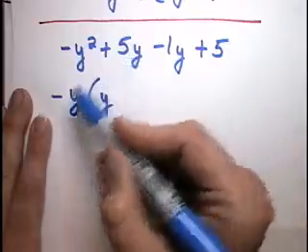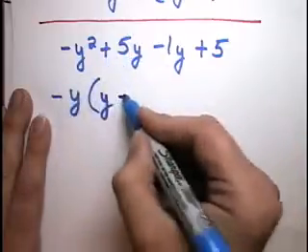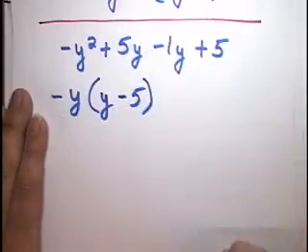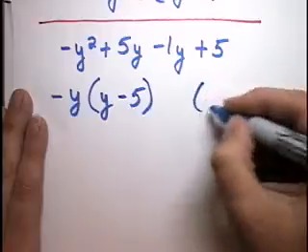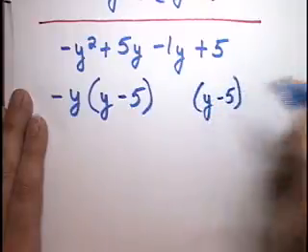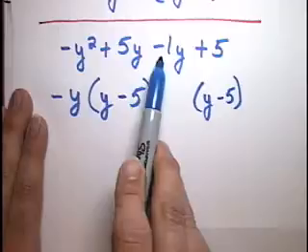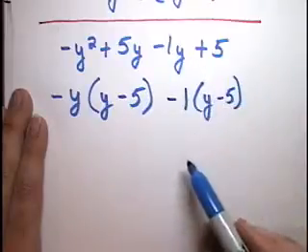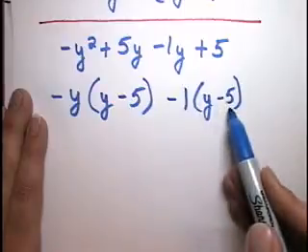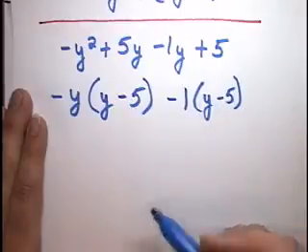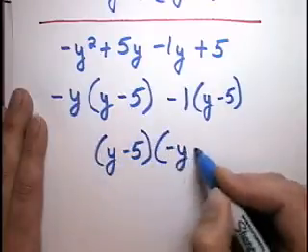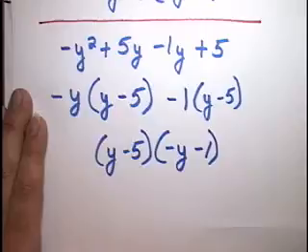And then here, I divided out a negative, so I need to put a negative 5 here, because a negative times a negative would give me that plus 5y. So on this side, if I want to end up with a y minus 5 over here also, I would have to divide out a negative 1. Negative 1 times y would be negative 1y. Negative 1 times negative 5 would be plus 5. So when I divide out a y minus 5, I'm left with negative y minus 1. That is a correct answer.